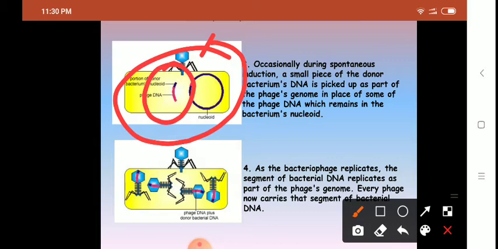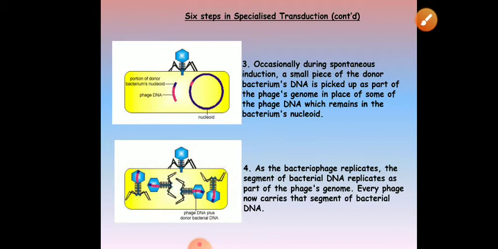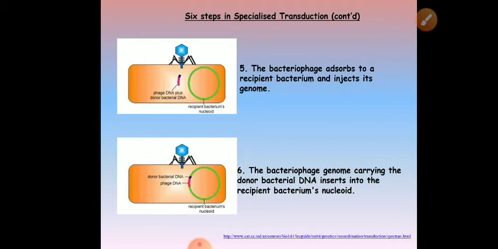Hence the bacteriophages that are formed are all defective phages. In every bacteriophage particle, there is some part of the host genome. Such phages are called defective phages, or lambda dgal if they have the galactose gene.